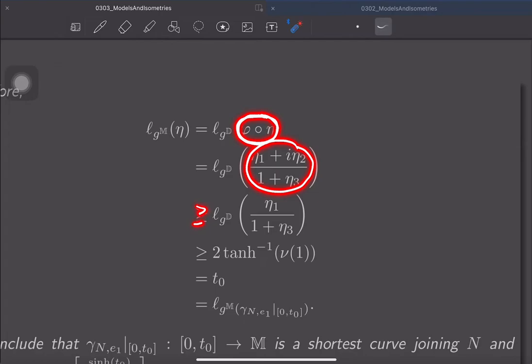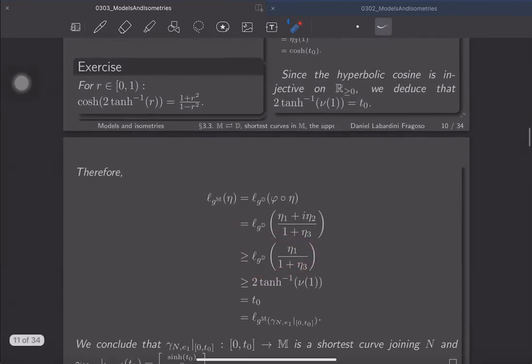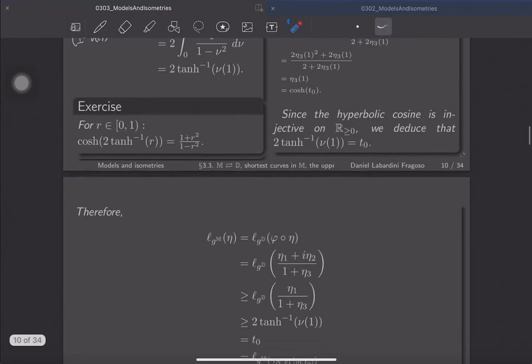That was greater or equal than the length of just the real part, right? That we excluded. We said, okay, we can delete this and then obtain this inequality. Okay, and this was greater or equal. So let me see. This length is greater or equal than this two times hyperbolic arc tangent.